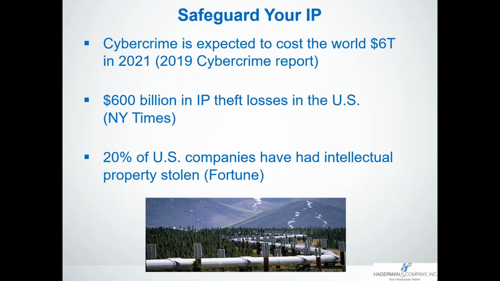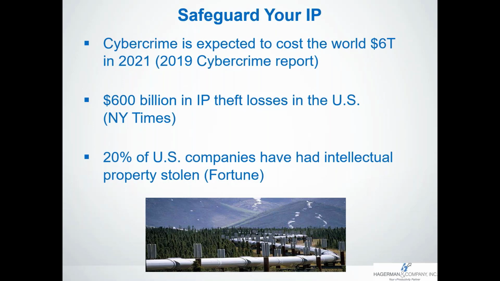Safeguarding your intellectual property. And unfortunately, this is getting bigger and bigger. Just some statistics out there. Cybercrime as a whole is expected to cost the world $6 trillion in 2021.